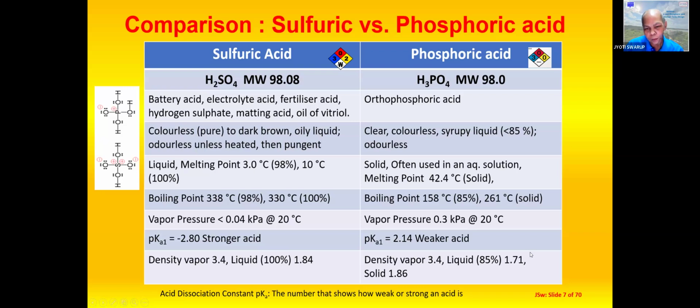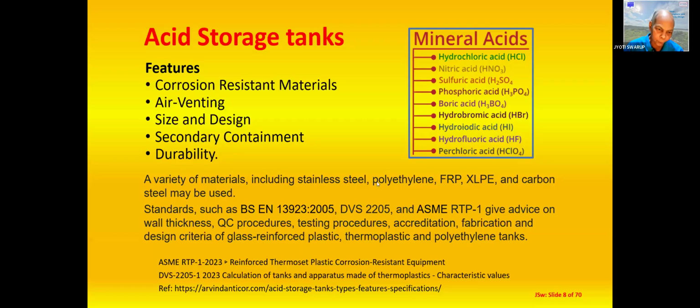So this is quite a heavy liquid, and any tank designed for such a heavy liquid has to take care of its high specific gravity and the corresponding loads which will be applied onto the tank shell and the bottom plate. Now, acid storage tanks. There are various types of acids available in the market.